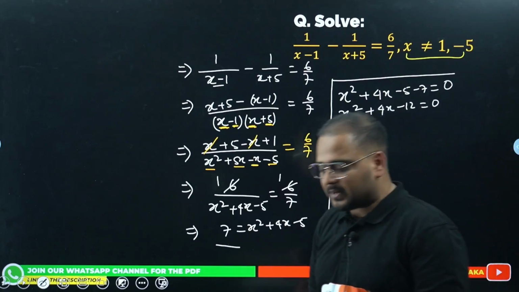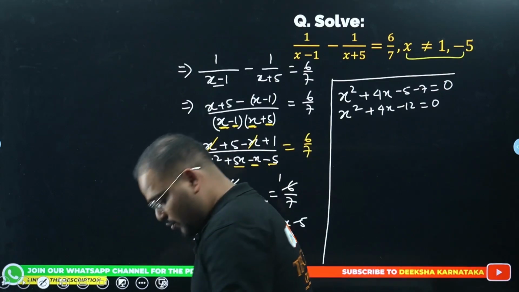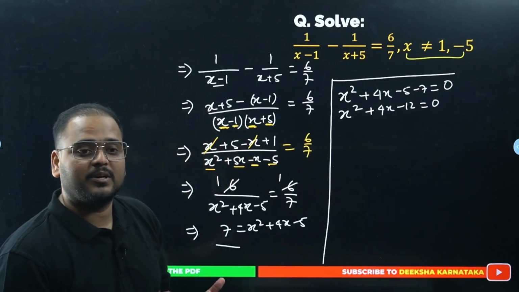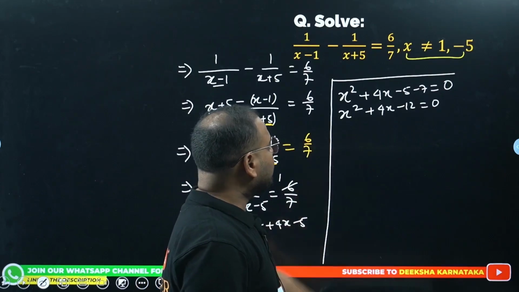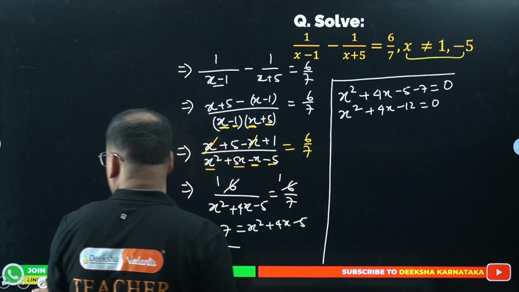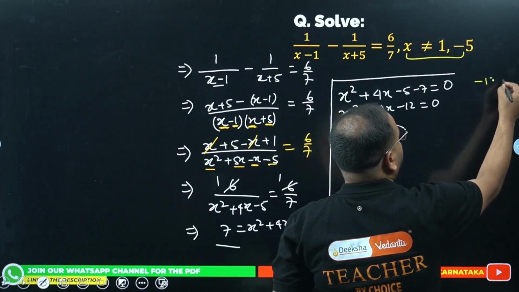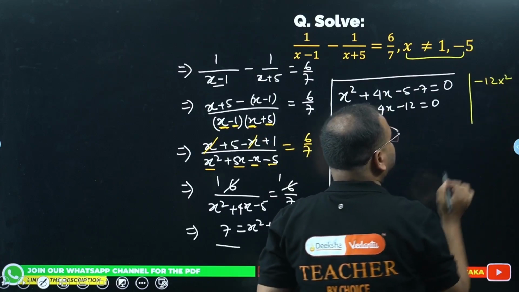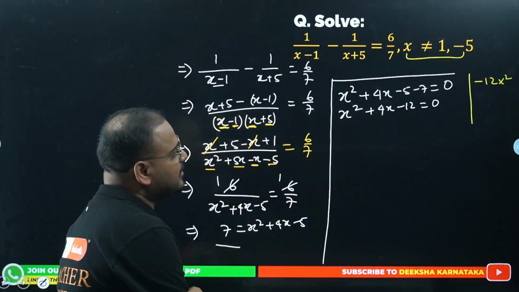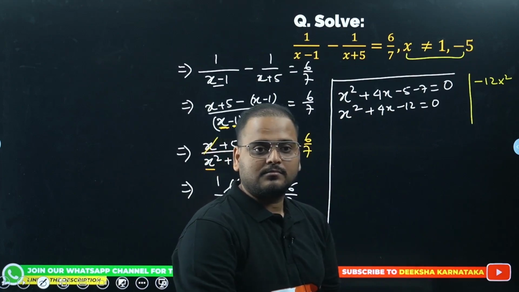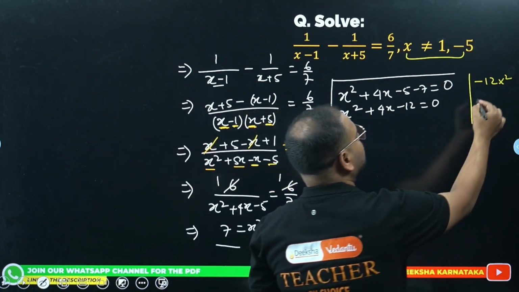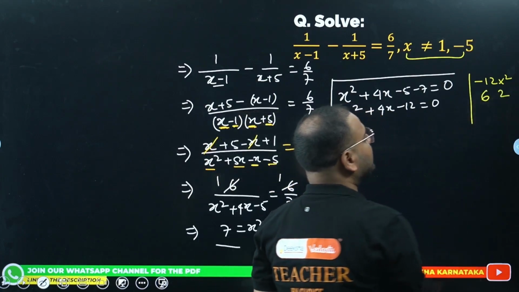Now what method are you going to use? The most common method, splitting the middle term. Okay, minus 12 x square is the product of first and last term. Minus 12 x square is my product. What factors will give me 4? Think. 6 and 2. 6 and 2 will give me 4.